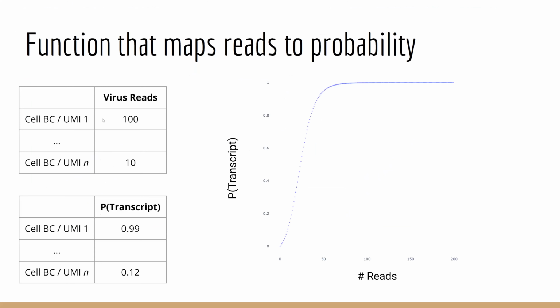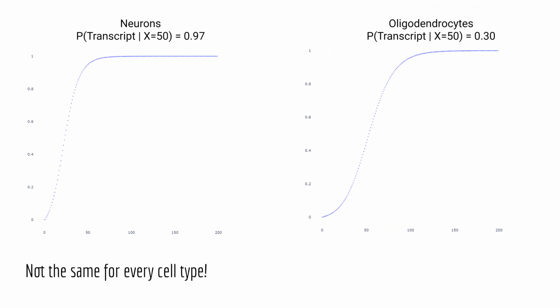We now had a function that could take these reads from amplified data and convert it into a probability. We thought we were good, but then something weird happened. When we looked at these fitted models in different cell types, we realized that it seems like these probabilities of template switches seem to be different for different cell types.